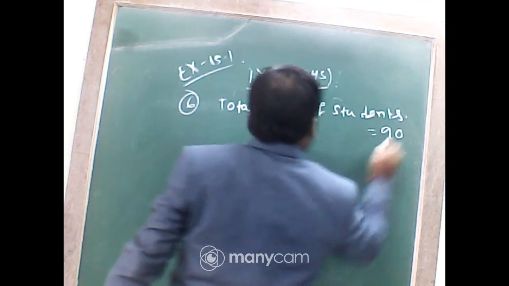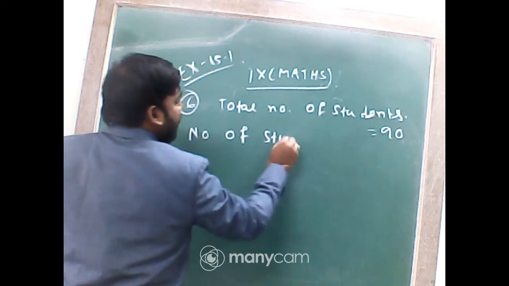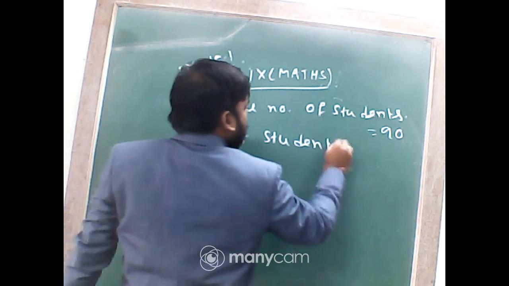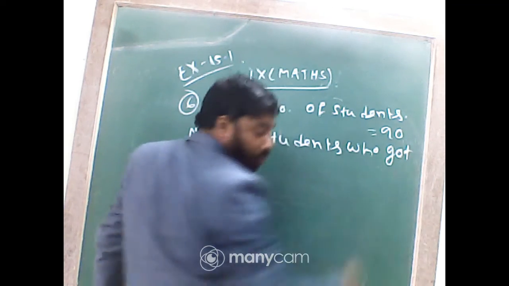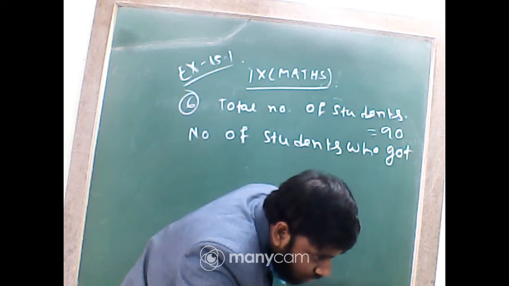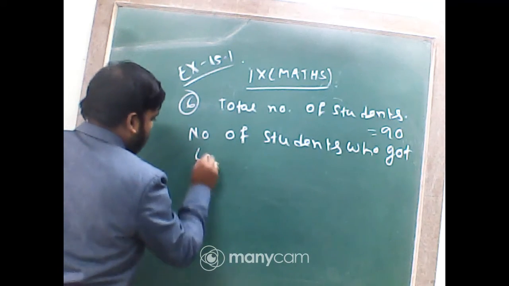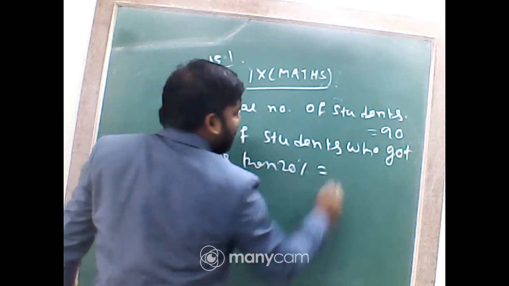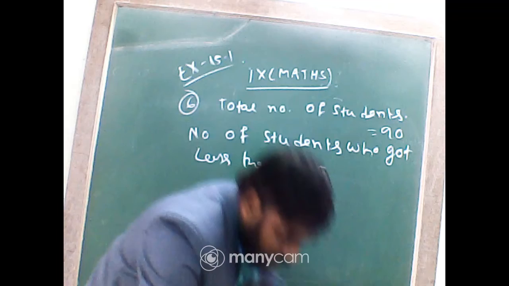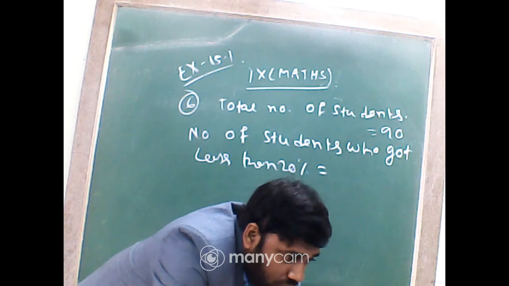Now, number of students who got less than 20%. Okay, how many students got less than 20%? From the table tell me, all of you.